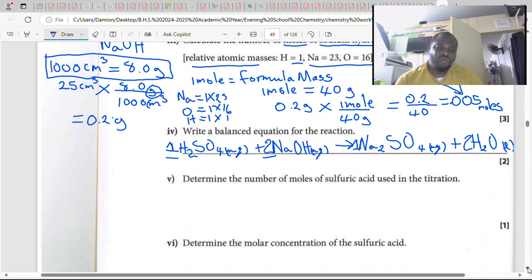So it says now, determine the number of moles of sulfuric acid using the titration. So that's where we're going to be using the mole ratio that I spoke about.